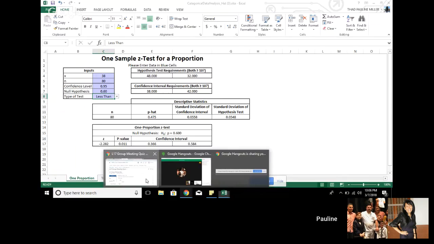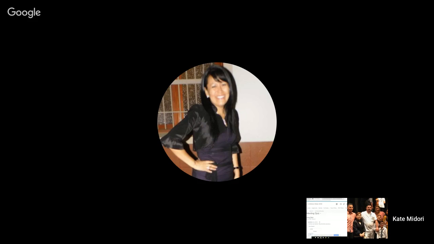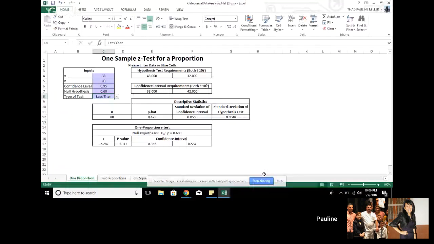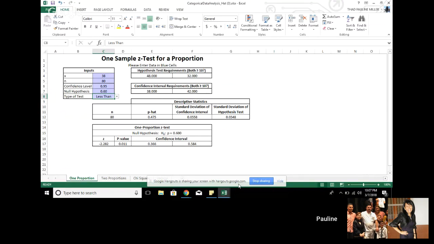Yeah, 0.011. The z-score was negative 2.282, right? Yeah, negative 2.282.